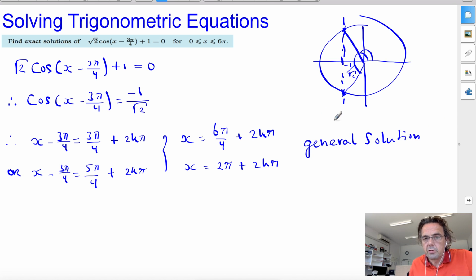Now we need the specific solutions for the domain 0 to 6 pi. So let's look at this first one. x is going to be 6 pi over 4, that's well in the domain. That's good. Then 2 pi further makes it 8 pi over 4 more, so 6 pi over 4 plus 8 pi over 4 is 14 pi over 4.